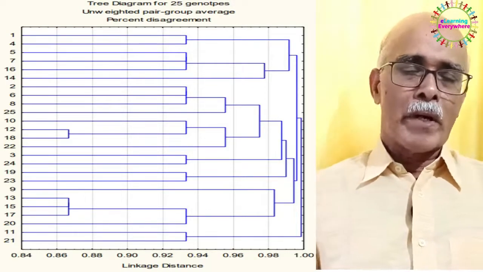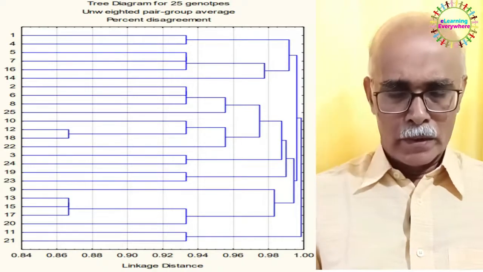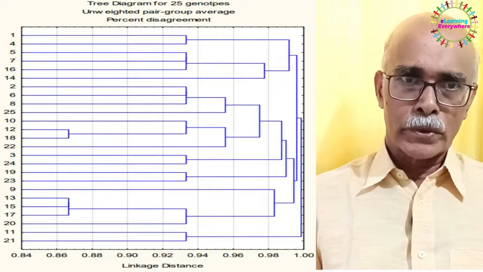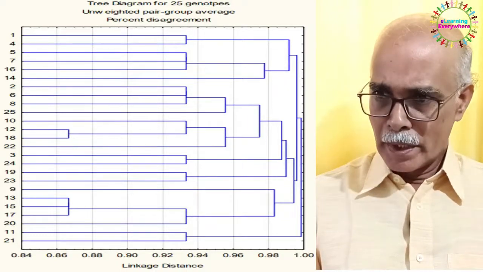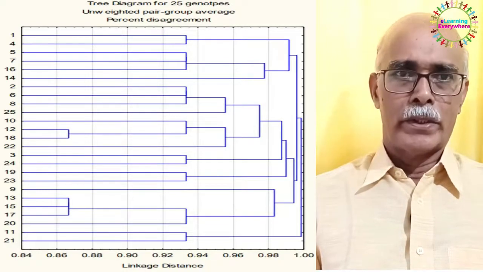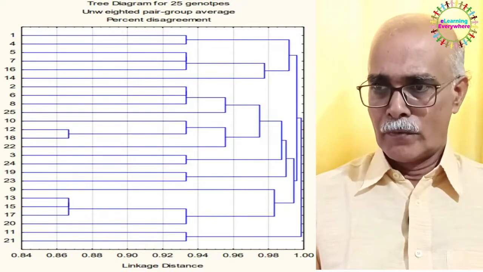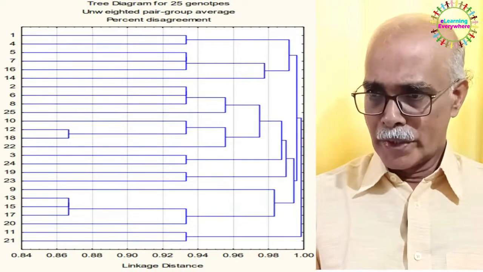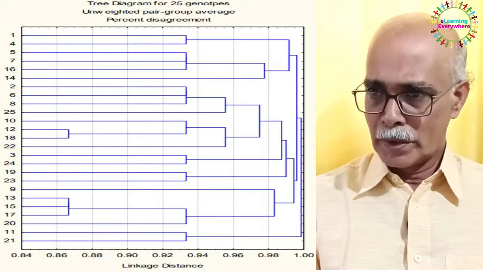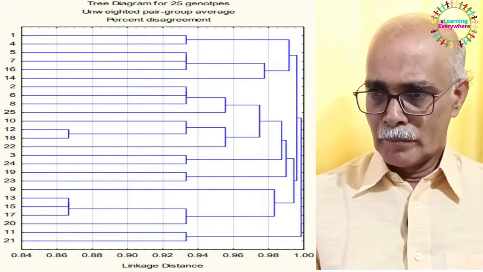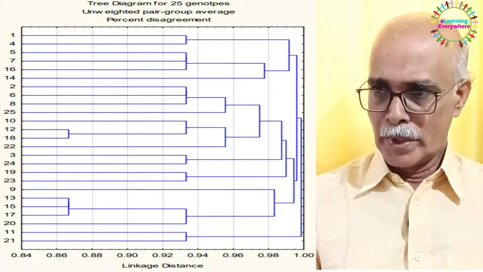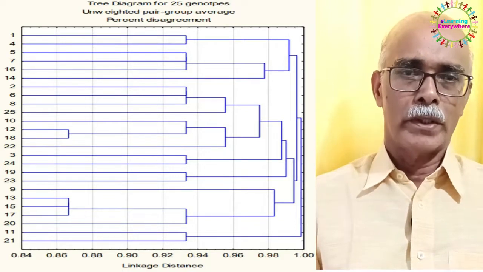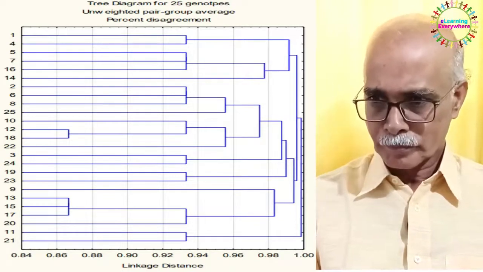So a dendrogram has been made, and it is the tree diagram of 25 genotypes made using the unweighted pair group average method with percent disagreement as the measure of distance between the genotypes.